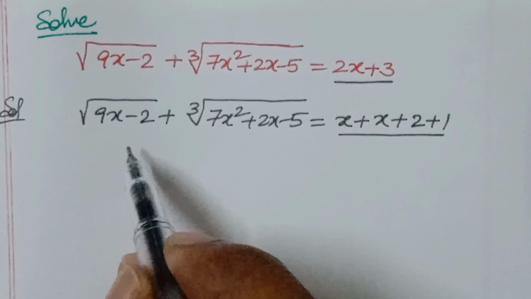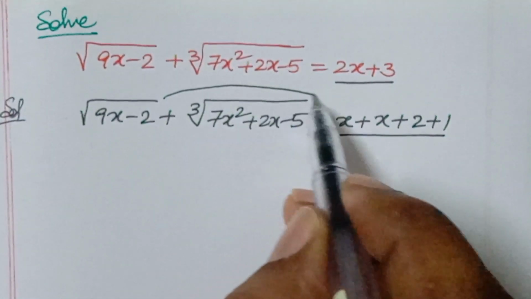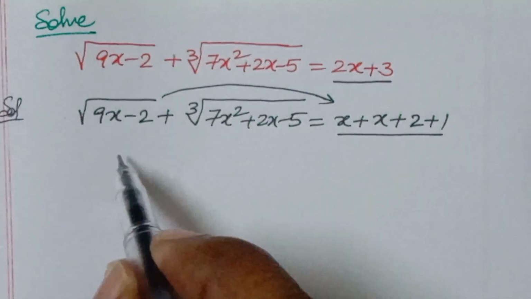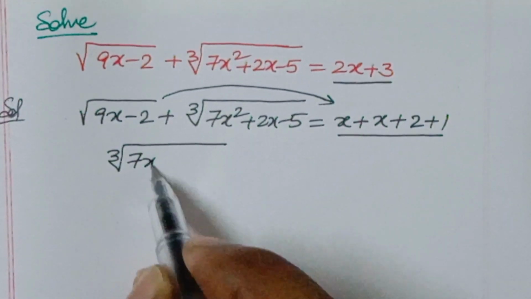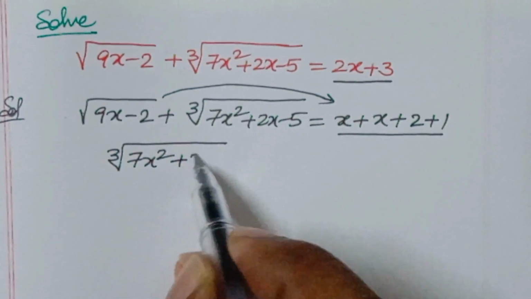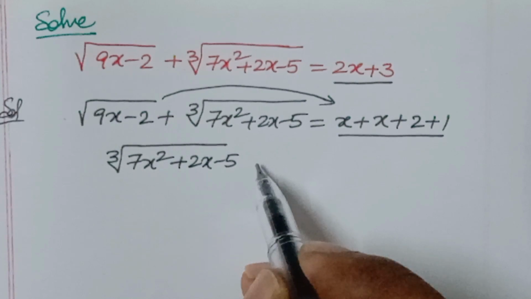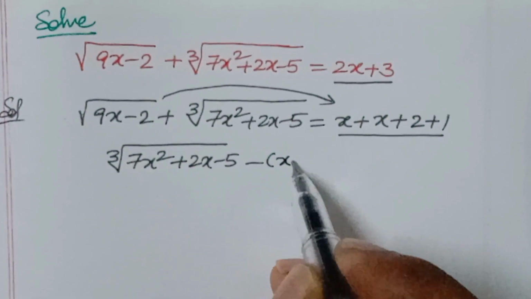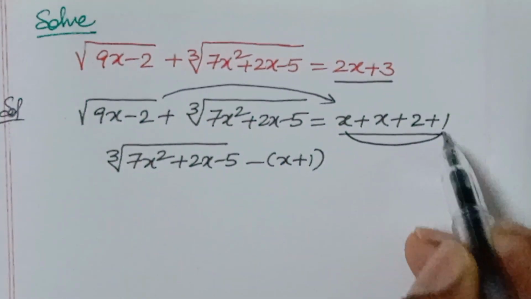Now here sending one term to that side, sending this term to that side, we will get cube root of 7x square plus 2x minus 5 minus of x plus 1, sending x and 1 to that side.